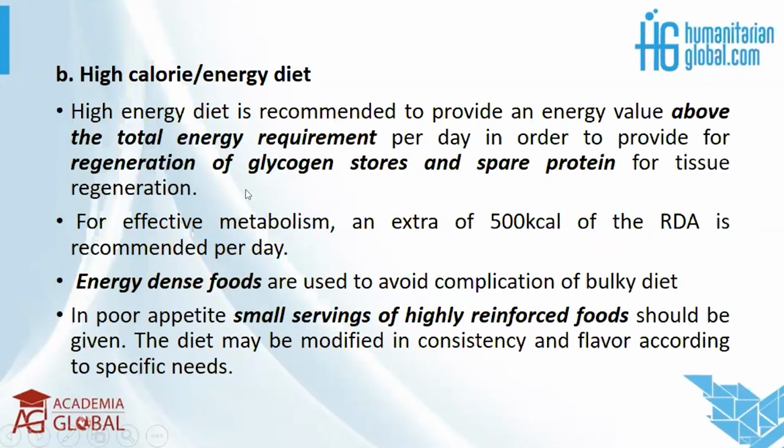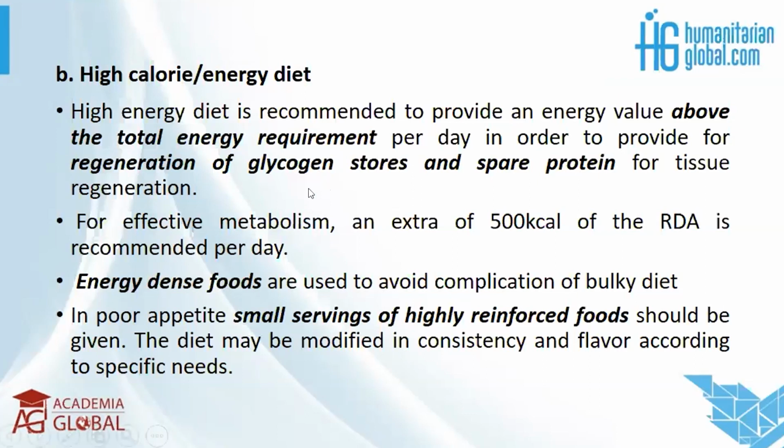So what we are saying here in simple terms is there is that amount that an adult person requires, but now when you give high calorie, you give slightly higher than the normal requirement for those purposes there, so that the person can store more energy in terms of glycogen, and they can spare their protein for the protein purposes and use the energy to provide the energy for those processes.